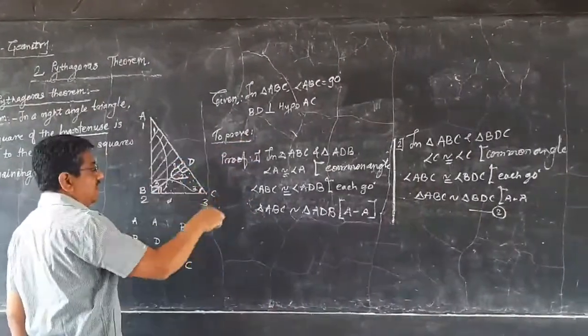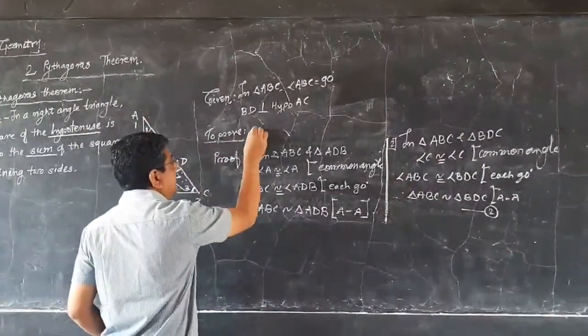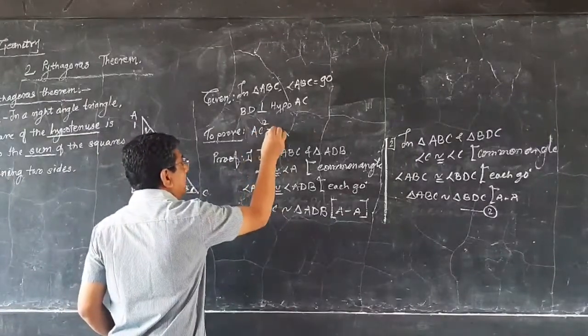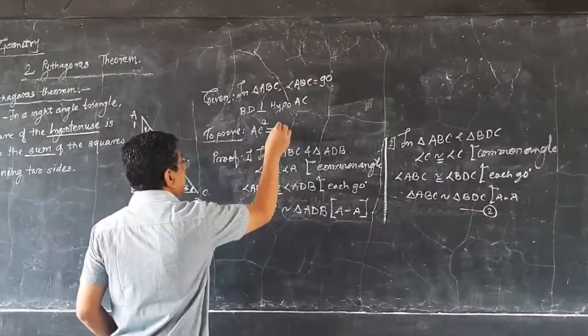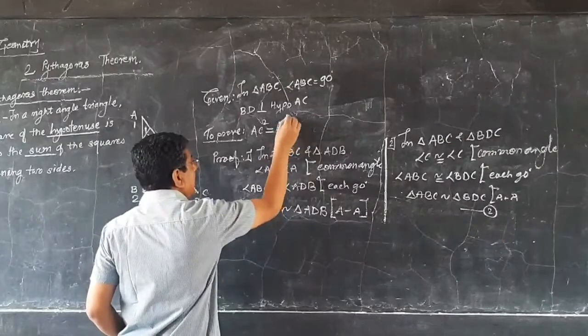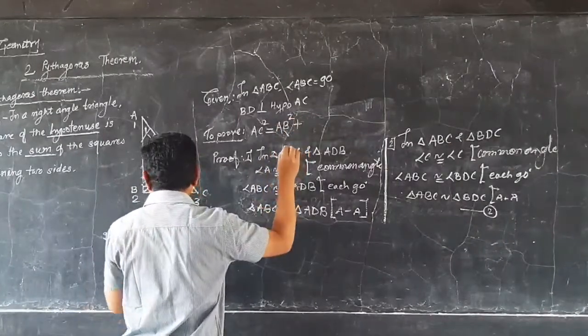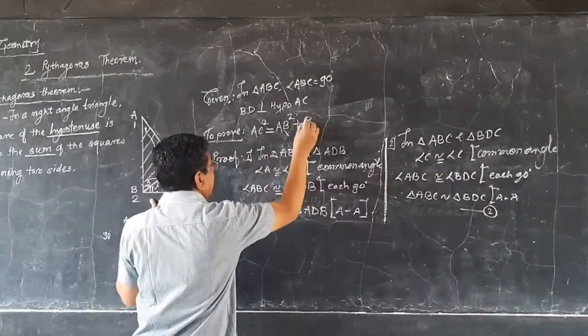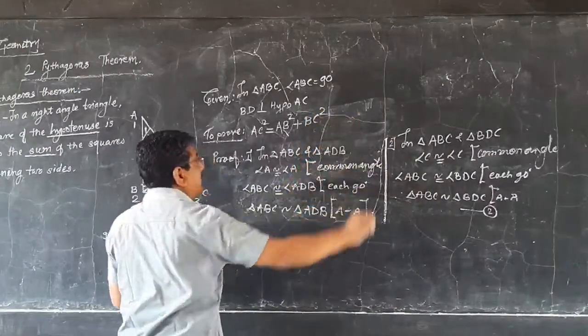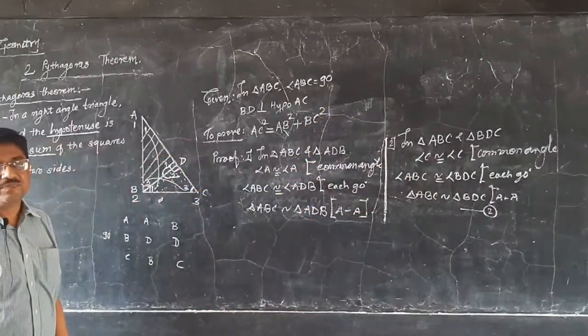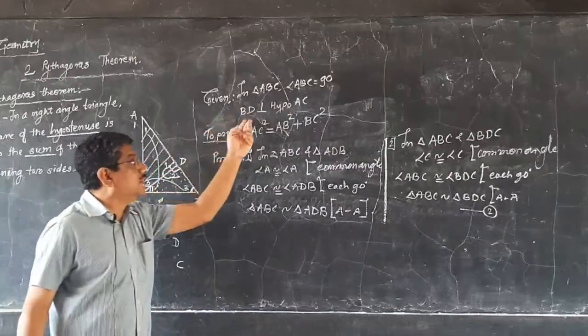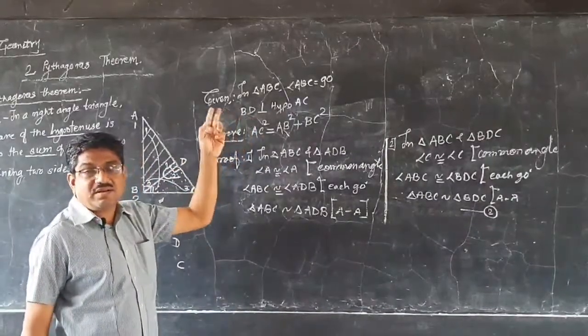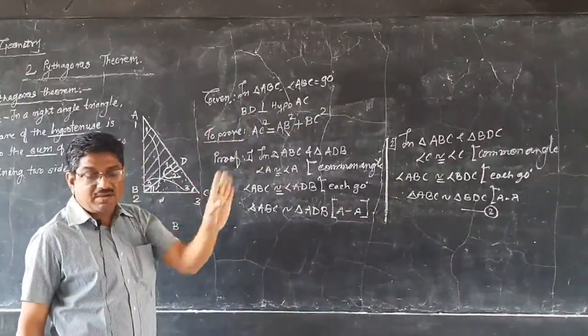Which is the hypotenuse here? AC. Then AC square is equal to AB square plus the second side, BC square. You can write it in the given or in the construction. It does not make a difference.